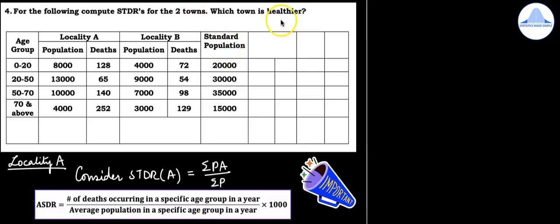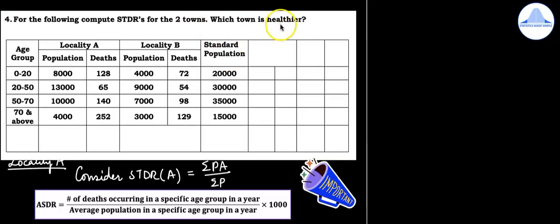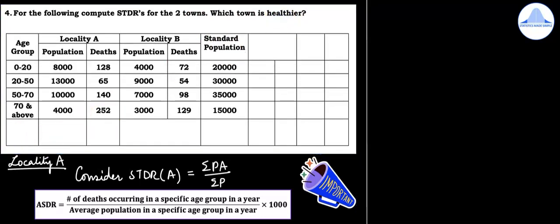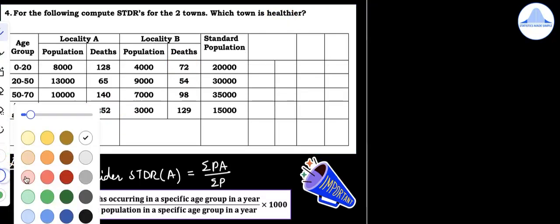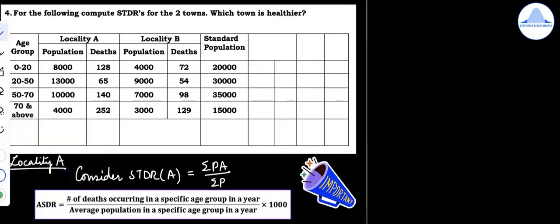This particular question is a sure 10-mark question. So it's really important that each one of you practice such type of problems so that you can score the 10 marks. This is a very important and a sure 10-mark question.